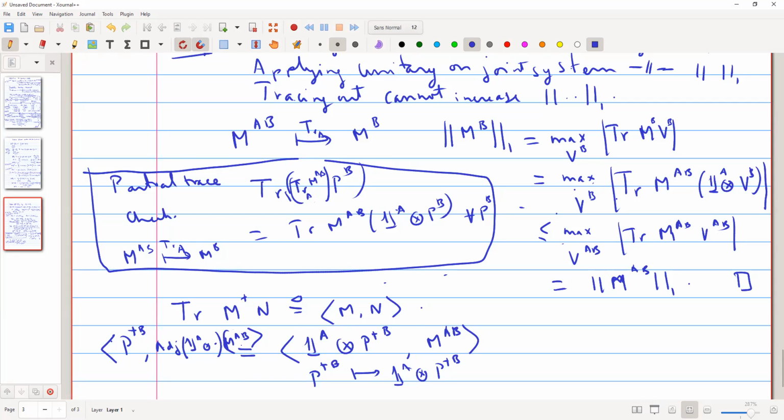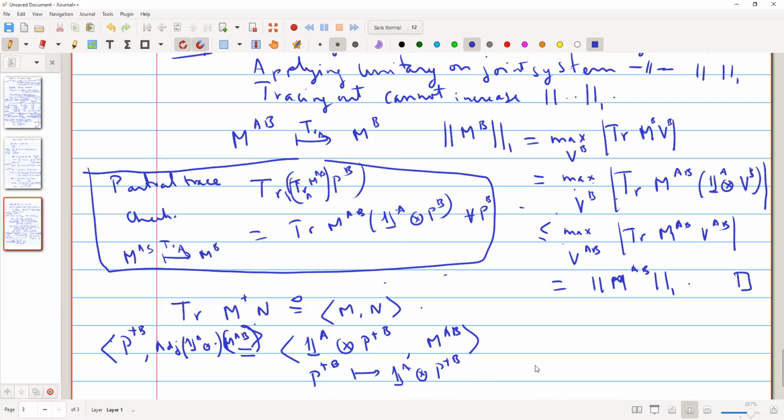I'm saying the original superoperator is precisely IA tensor IB, because you operate and put some extra ancilla on A and tensor it with rho B, and you get IA tensor P dagger B. This is the original superoperator, which sends a matrix P on the system B into a matrix on the system AB.